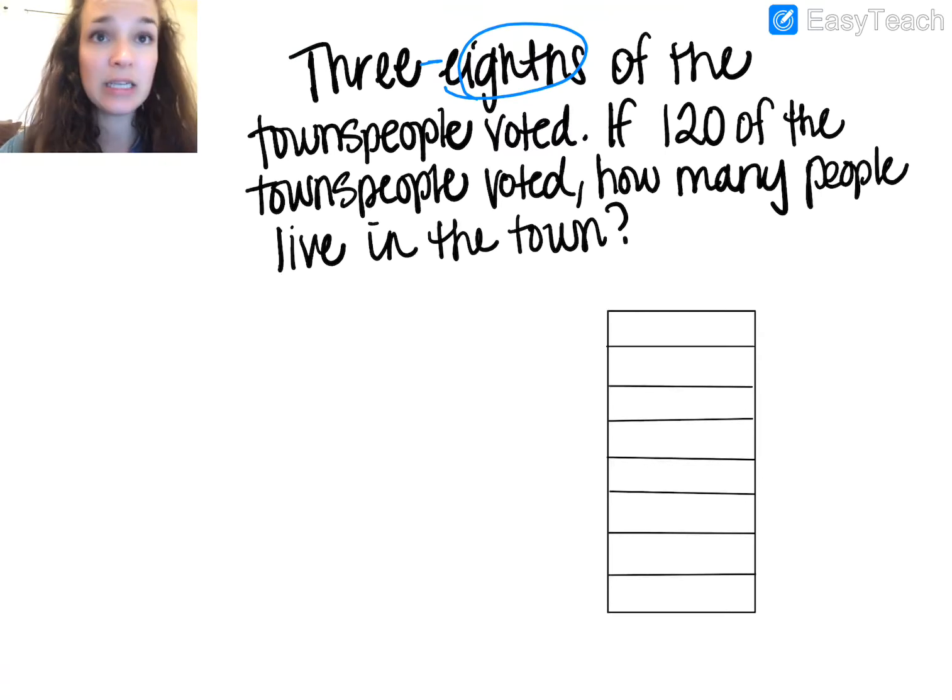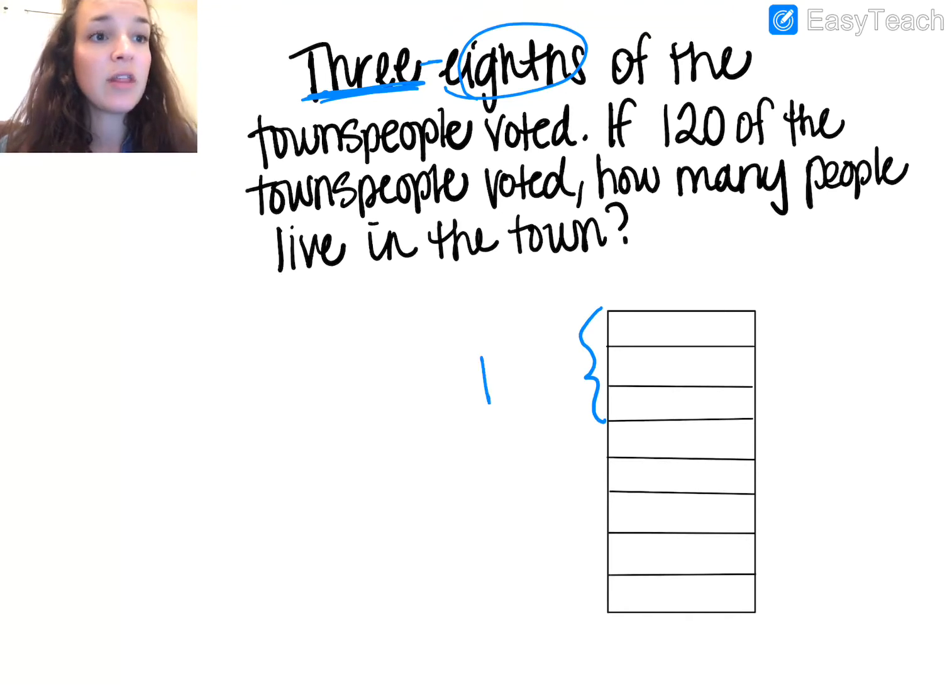So there's 8 equal pieces in the diagram. And then we know that 120 of them voted, okay? And that, again, was the 3/8. So 3 of these were how many voted, and we know that the actual was 120.